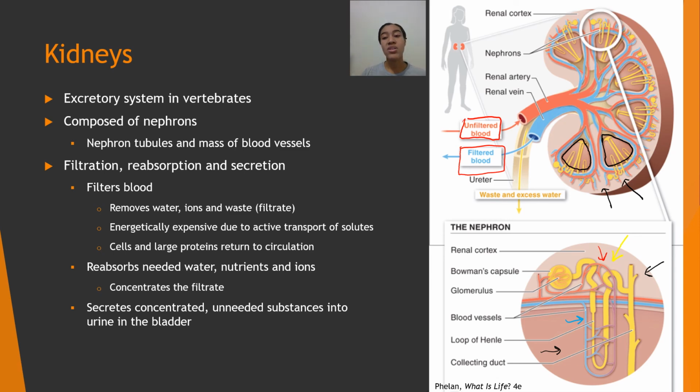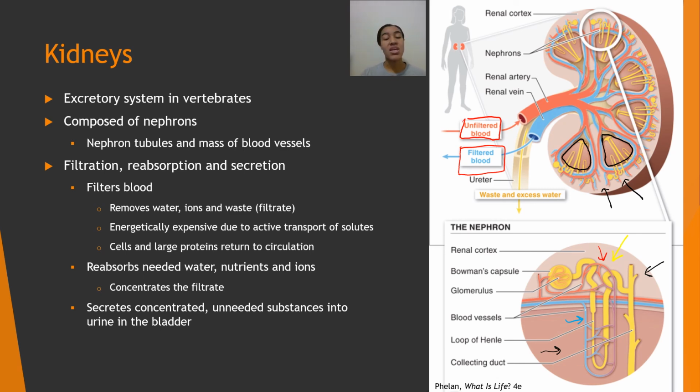And then as the filtrate is traveling through the nephron, a lot of needed water and salts and ions and nutrients are reabsorbed into the body so that we don't remove them as waste. And this process concentrates the filtrate. So as the filtrate keeps moving through the nephron and we're removing more and more water and certain ions, the waste that remains becomes more and more concentrated.